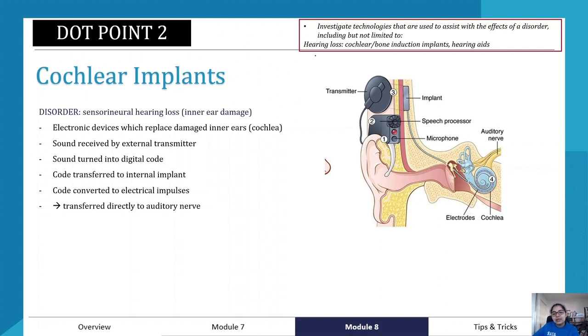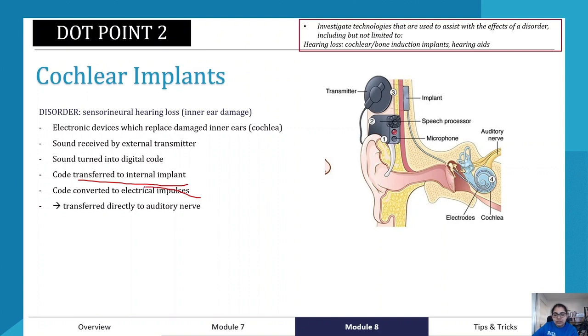So what happens here is we've got a transmitter which is going to receive the sound, turn it into a digital code, and then from there the code will be transferred to internal implants. Again, we've got an implant inside the ear, and because we've already converted the sound into a digital code, we're transferring it into the internal implant.